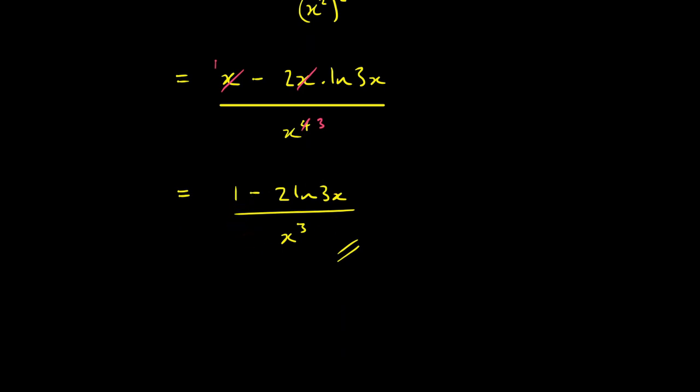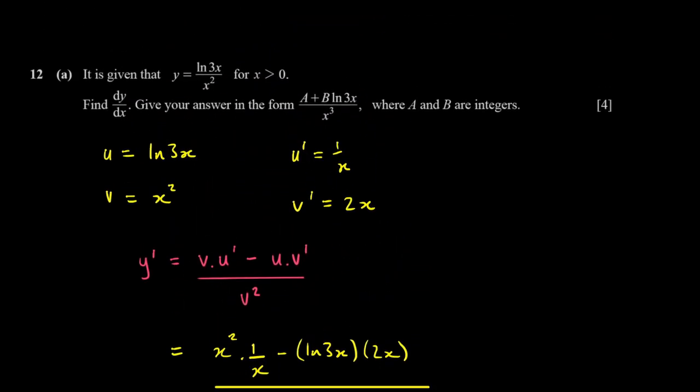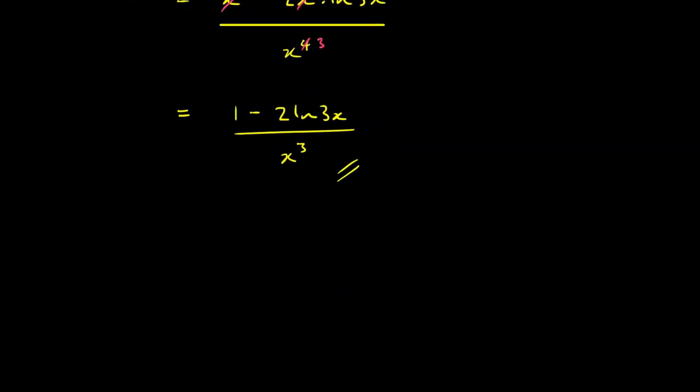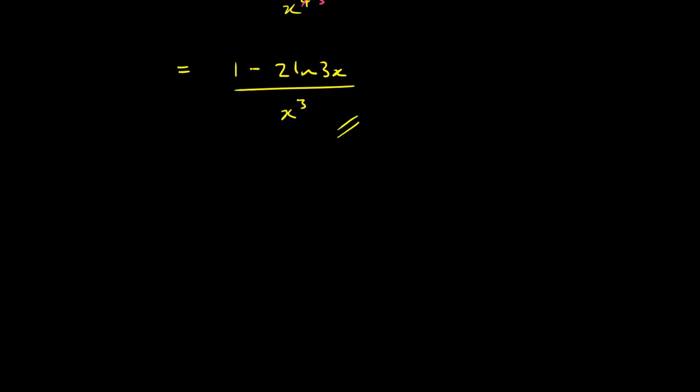So if this differentiates to give that, then what that means is if we were to integrate this thing, then we would go back to ln 3x upon x squared. Why is that? Well, because integration is the reverse of differentiation. Okay, so if I take this guy here, 1 minus 2 ln 3x, so let's write that down over here, 1 minus 2 ln 3x, all divided through by x cubed.